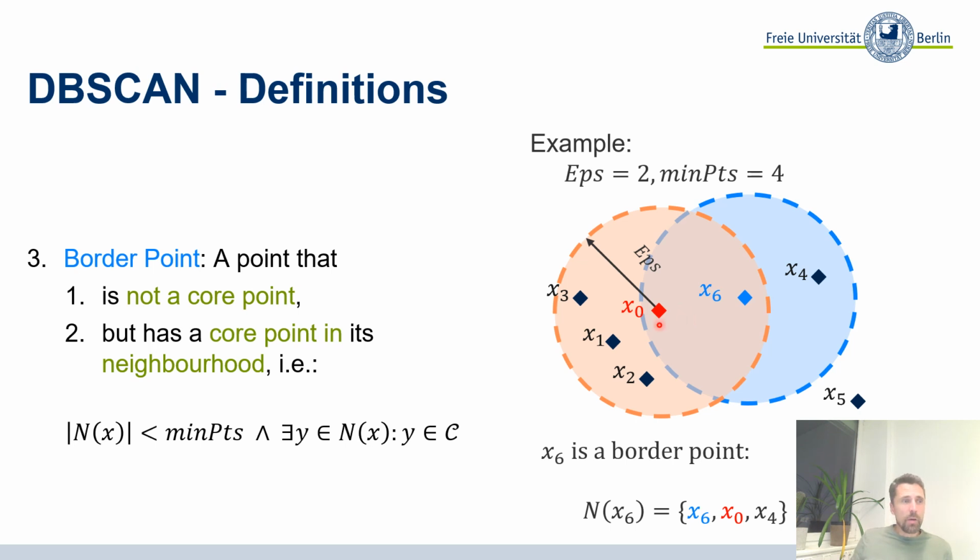Border points now are those that are not themselves core points, but they do have core points in the neighborhood. So for example, x6 here has 3 points in its neighborhood itself: x6, x0 and x4, and x0 is a core point, so that makes x6 a border point.